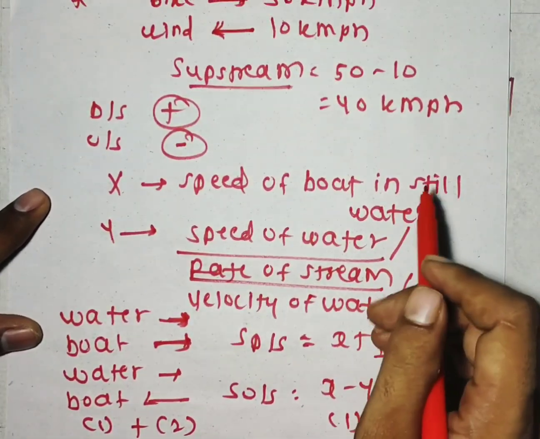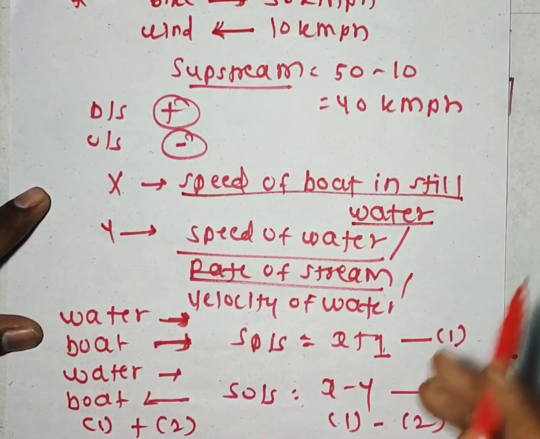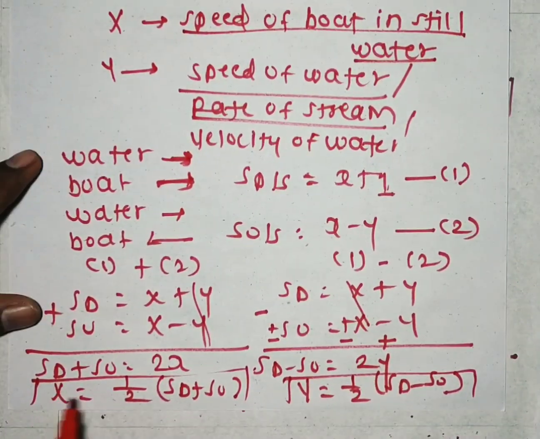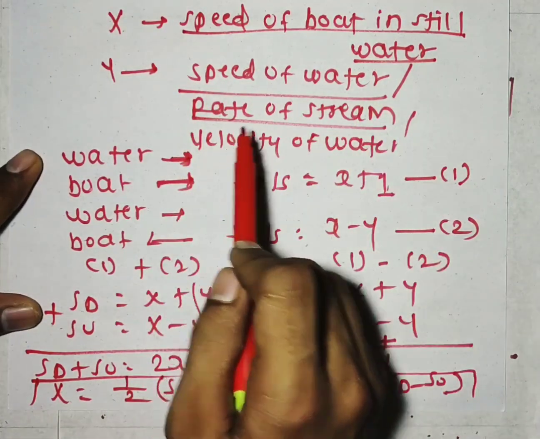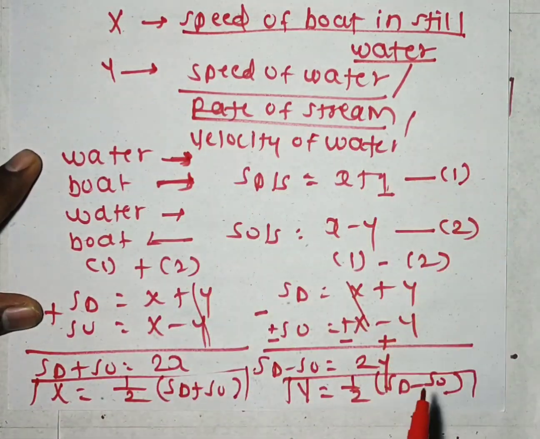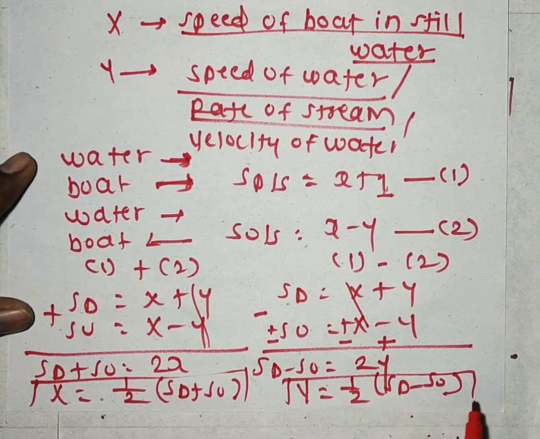If they ask you to calculate the speed of the boat in still water, then you have to use this formula: x is equal to 1 upon 2 of SD plus SU. If they ask you to calculate the speed of water, rate of stream or velocity of water, then you have to use this formula: y is equal to 1 upon 2 of SD minus SU. SU is upstream speed and SD is downstream speed.